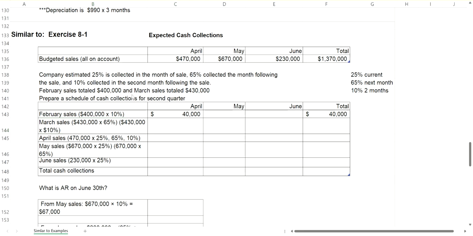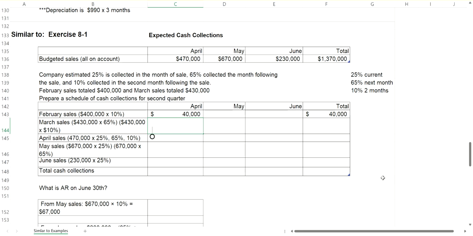Okay, next we're going to go to March sales. March sales are 430,000. So that means 25% will be collected in March. We don't care about that. But as we get on to April, 65% of March's 430,000 in sales will be collected in April.